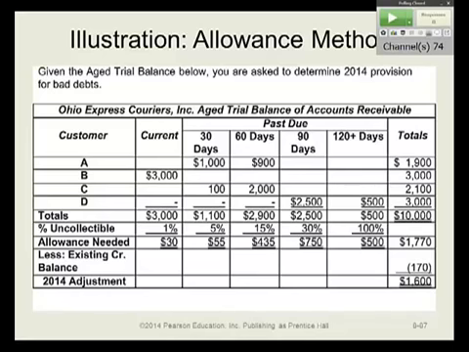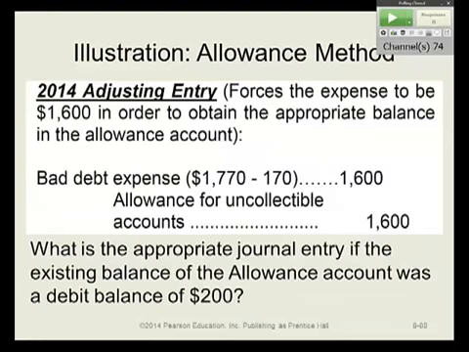So the journal entry that you would make in this case would be a debit to the bad debt expense and a credit to the allowance for $1,600. Now, even though the target is $1,770, you only need $1,600 because there is already $170 in that account.